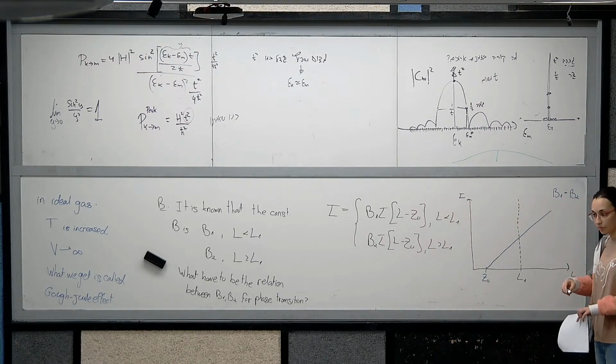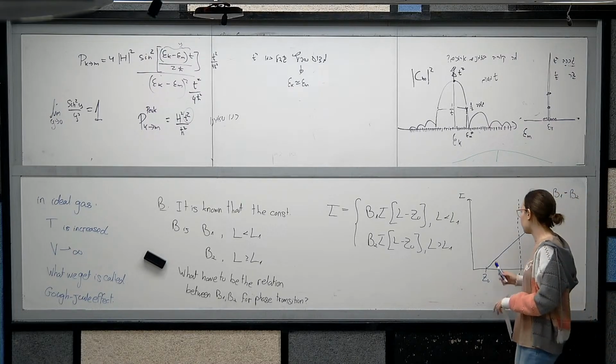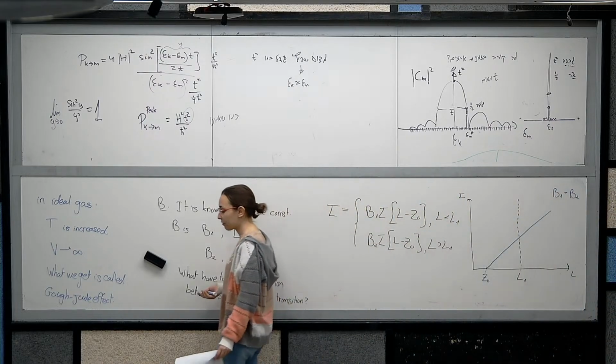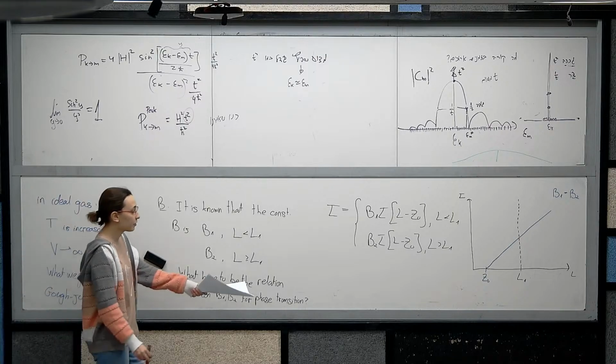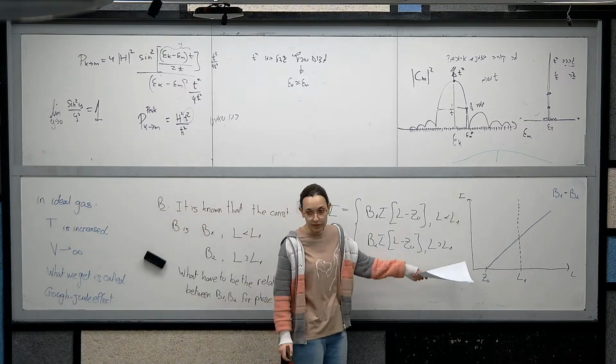So for this case the behavior is the same, we don't have any unphysical area in the graph, so we don't have any phase transition.